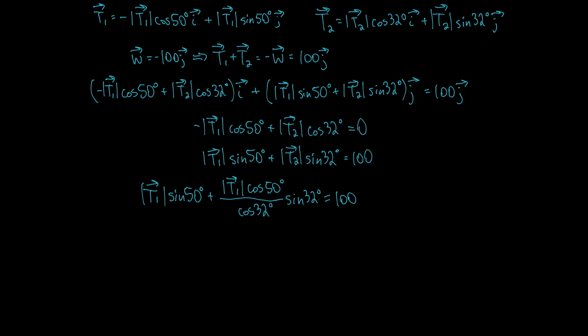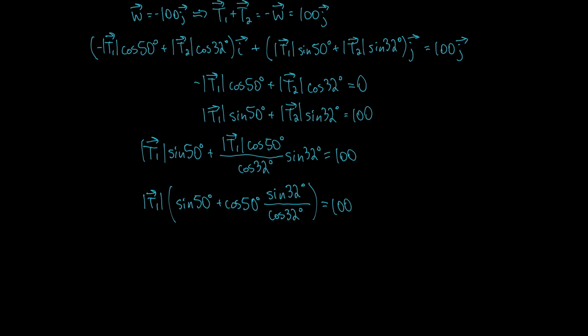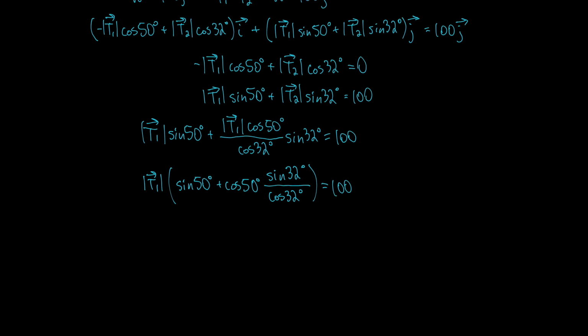So what I can do is factor out the length of t1, so I get the length of t1 times the sine of 50 plus the cosine of 50 times sine of 32 over cosine of 32 must equal 100. Okay, so now I know what t1 is. With the length of t1, I can just take 100 and divide it by this whole mess.